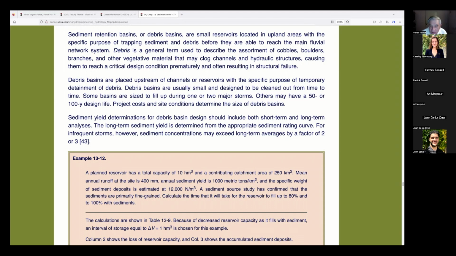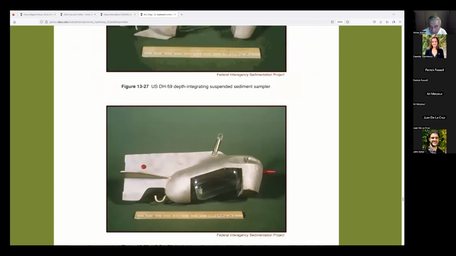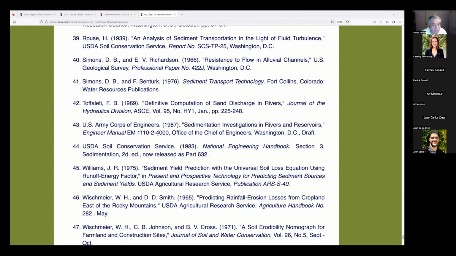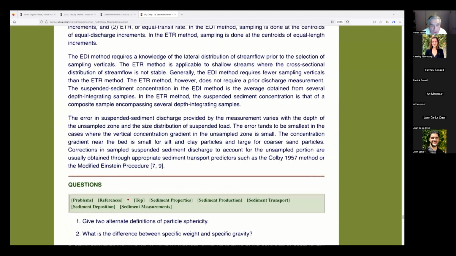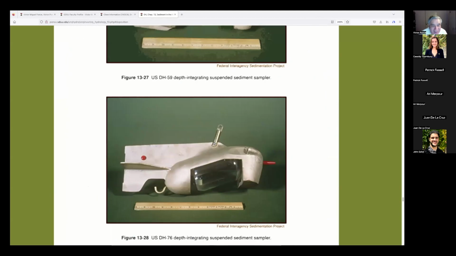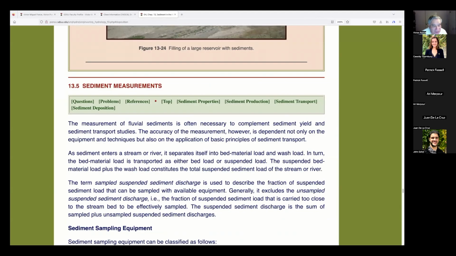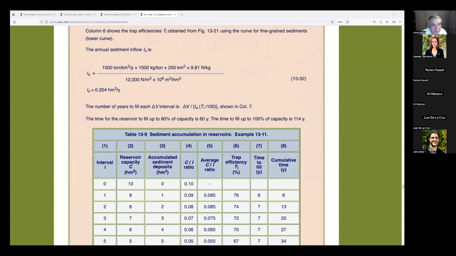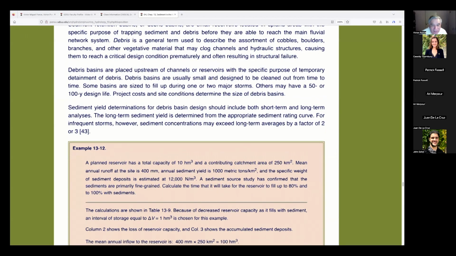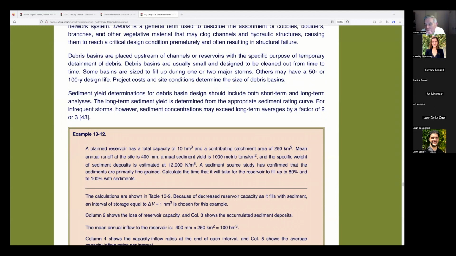Where did we get this information? Let's look. U.S. Army Corps of Engineers, 1987, Sedimentation Investigations in Rivers and Reservoirs. Engineering Manual, this is a series of the Army Corps of Engineers, okay? So you can't be more authoritative than the Army Corps, okay, for this statement, which I pulled directly out of the manual.